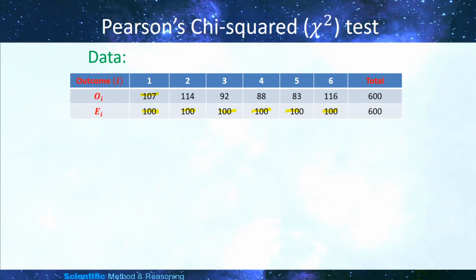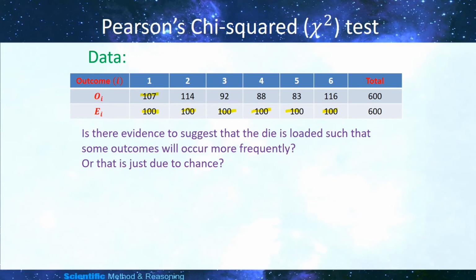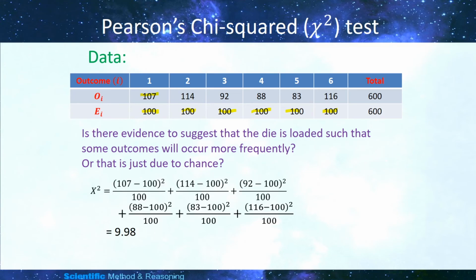So, for example, this is what we have, the data. This is what we actually have observed. And the question is, is there evidence to suggest that the die is loaded, such that some outcomes will occur more frequently, or is that just due to chance? And using the Pearson chi-square test, the test statistic is simply the sum over the Oi squared.